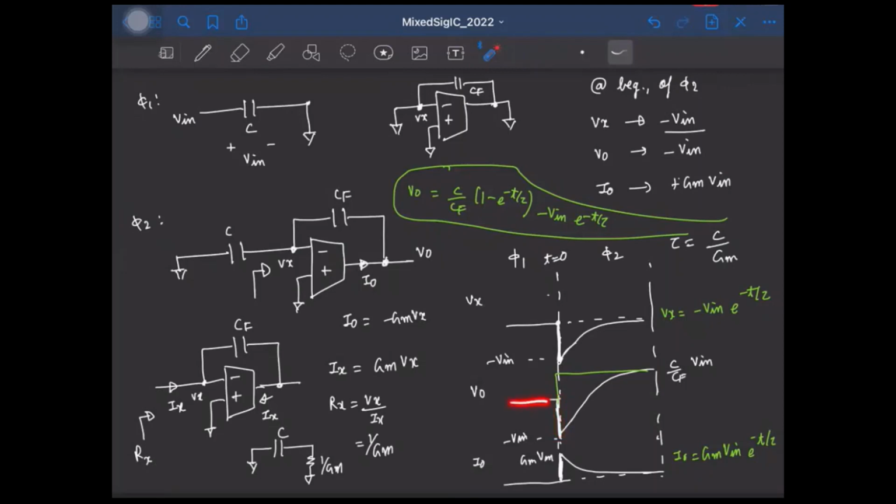Right, here the output has to go from 0 to a positive voltage of C by Cf times Vin. But instead, it initially jumps to the opposite side to minus Vin and then rises slowly, right? So from the transfer function, find why this jump actually makes sense.